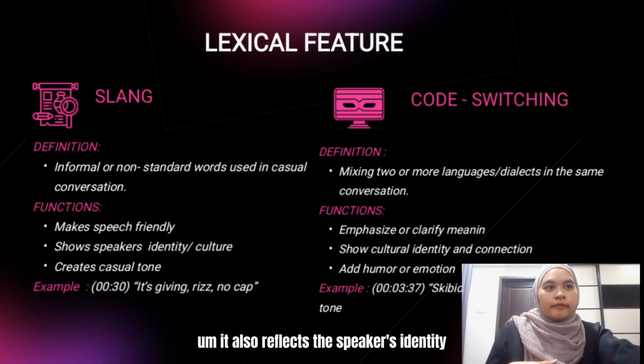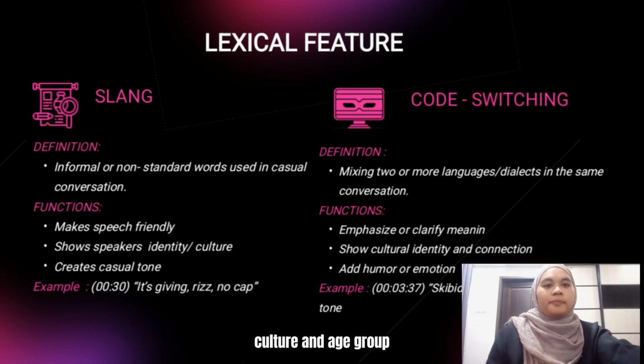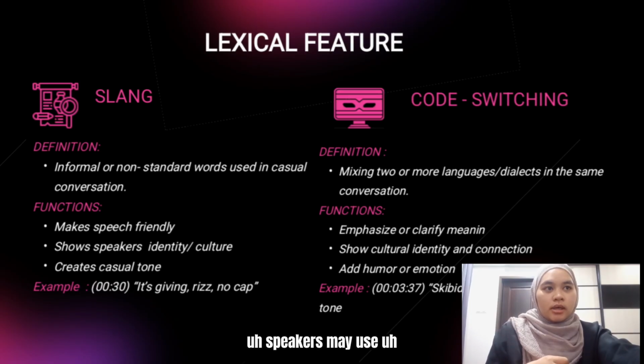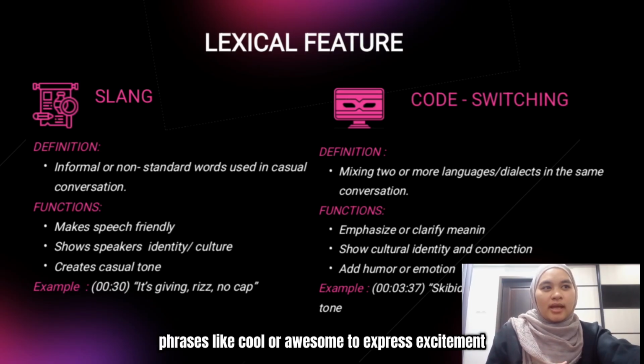It also reflects the speaker's identity, culture, and age group. For example, instead of using formal words such as very good, speakers may use phrases like cool or awesome to express excitement.